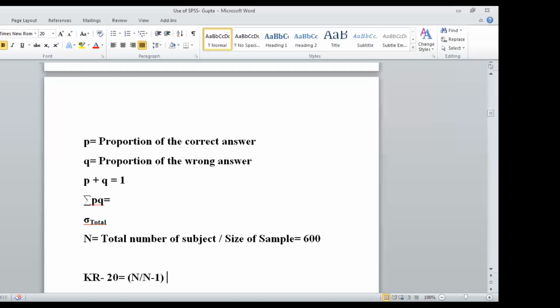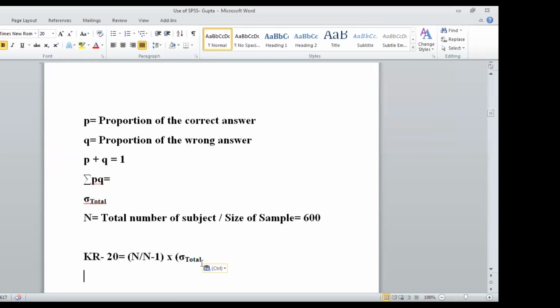And then this has to be multiplied by sigma total, and then you have minus sigma PQ.